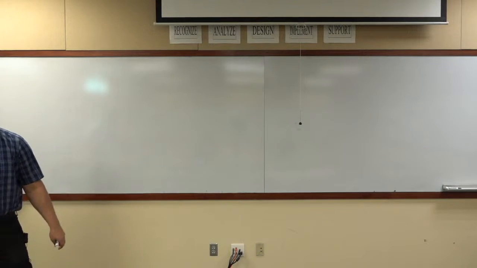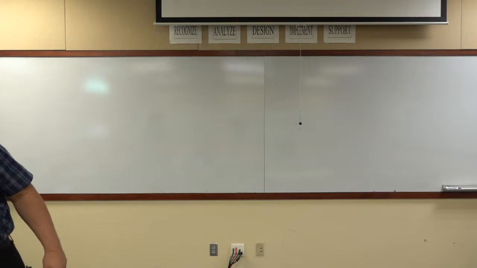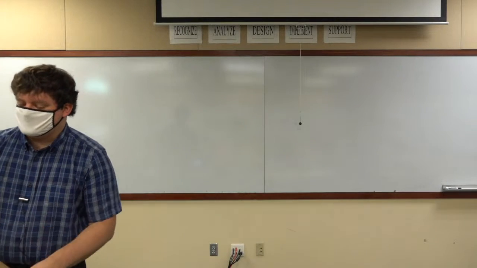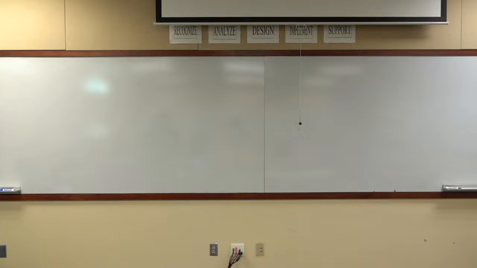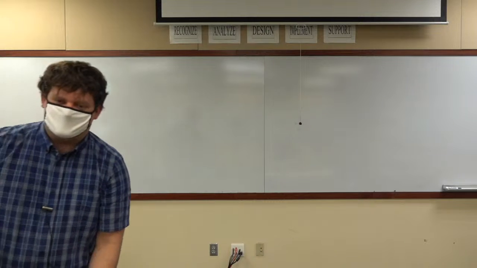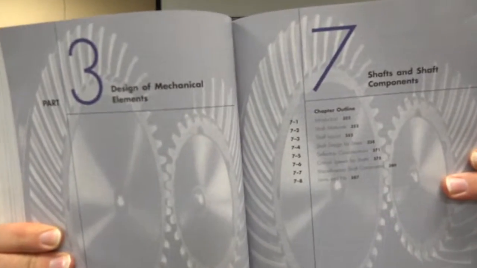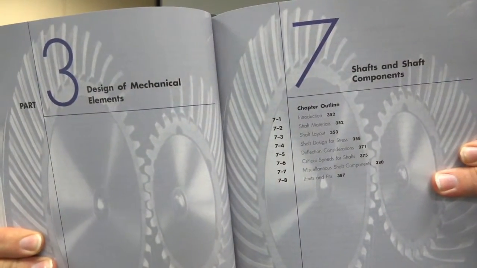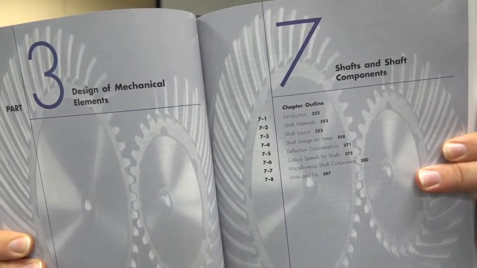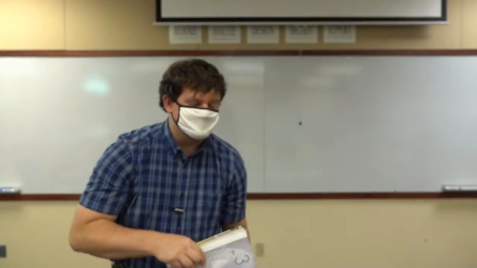If you read through this book, the chapter that shows up after fatigue is chapter 6. Chapter 7 jumps into what is now part 3, design of mechanical elements.